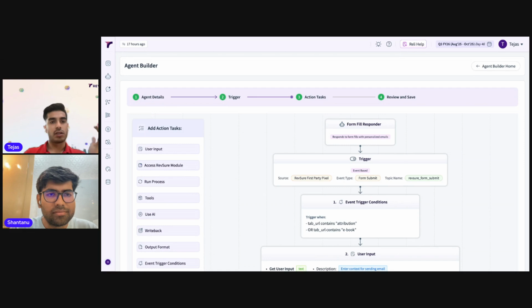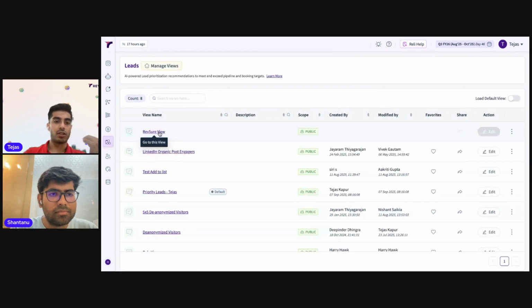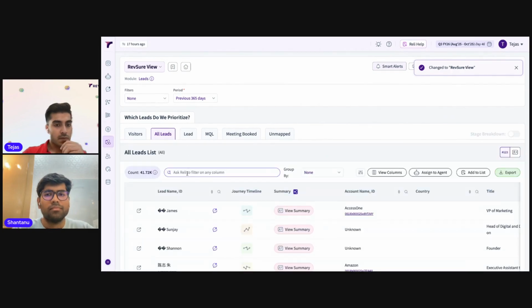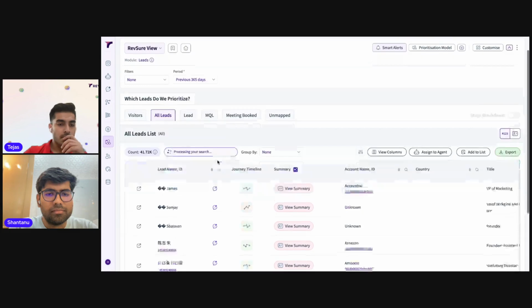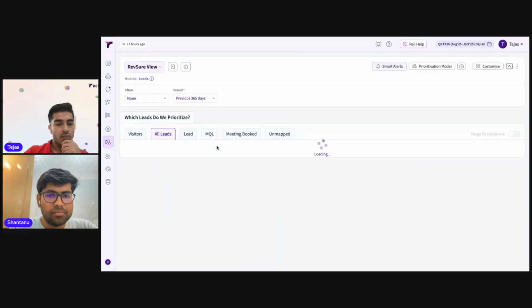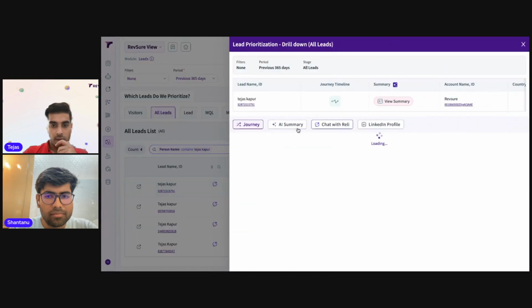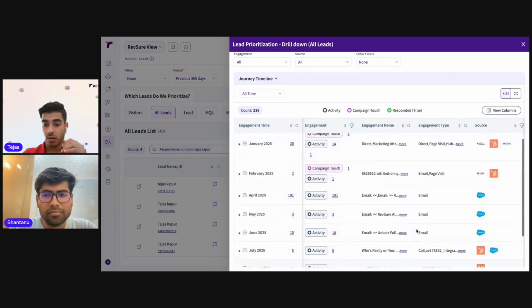So while the agent generates an email and understands all the prior context, I'd like to show you the journey timeline where the agent is actually getting all its information from. As you can see here, the agent is getting all this context.